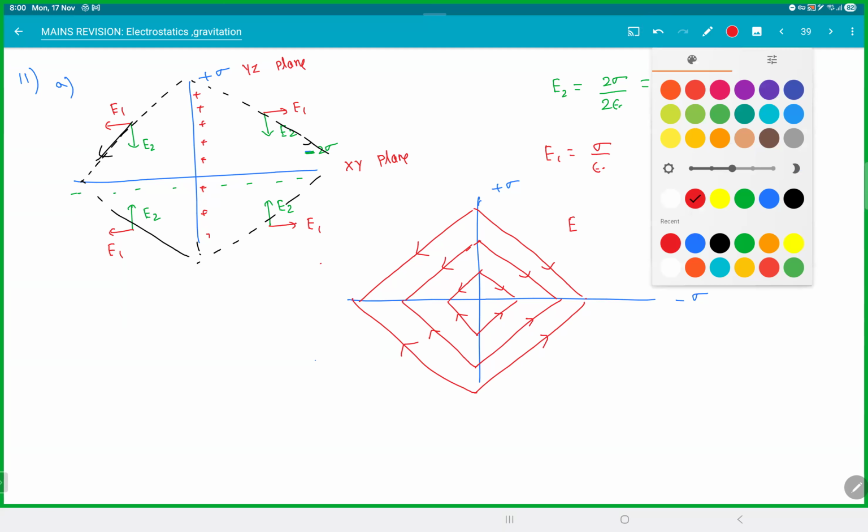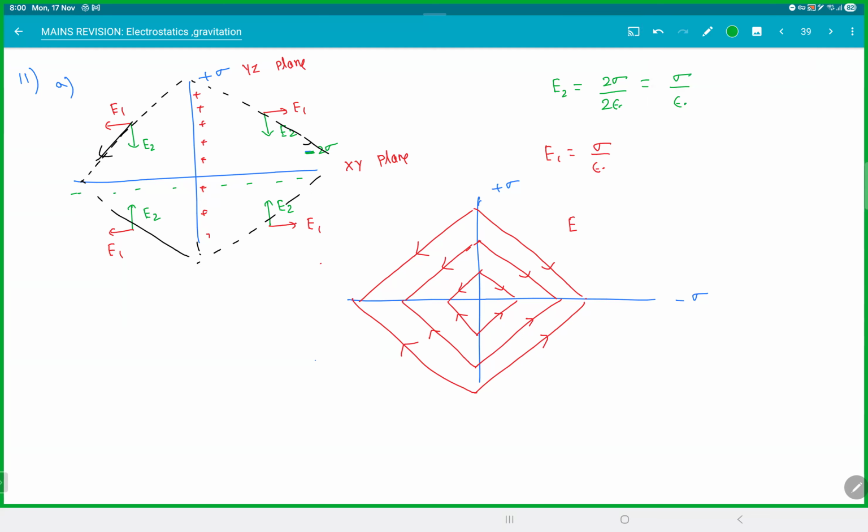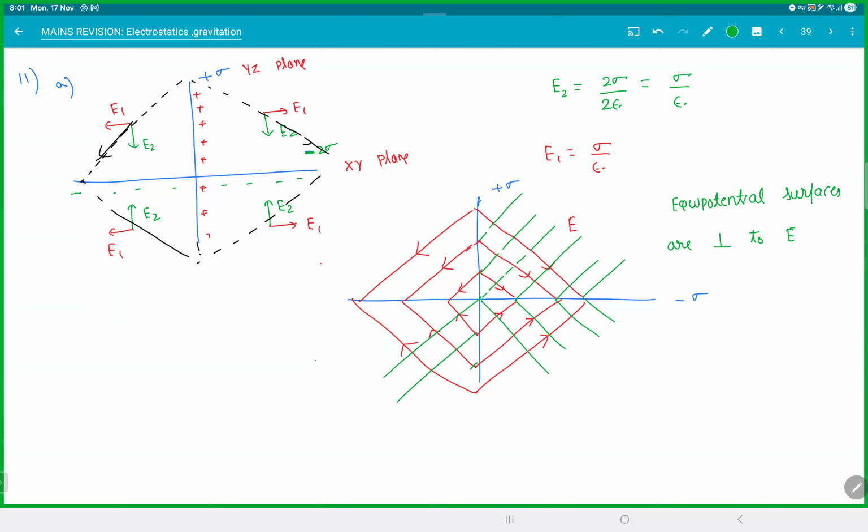And how will equipotential surfaces be? Equipotential surfaces are always perpendicular to the field lines, remember? That is one of the properties: the electric field lines are always perpendicular to the equipotential surfaces. So you need to draw perpendicular to this. There, these green lines will be your equipotential surfaces.